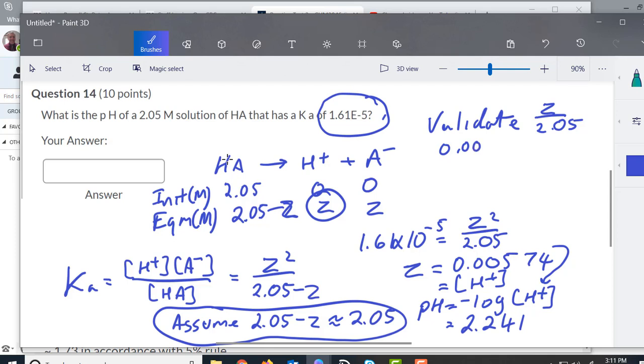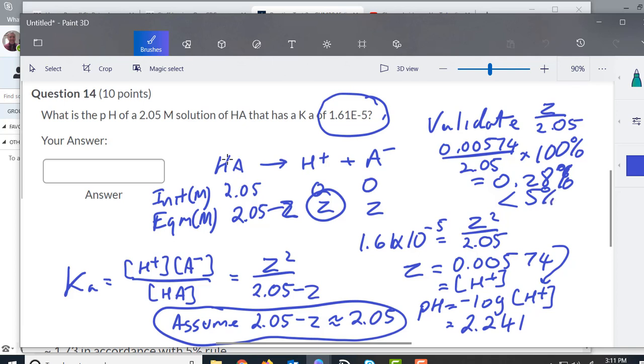So I do 0.00574 divided by 2.05 times 100%, and that actually comes out to be 0.28%, which is less than 5%. So my assumption here would have been valid.